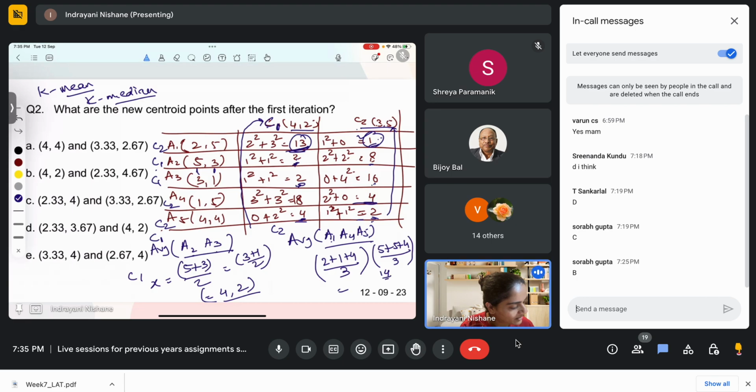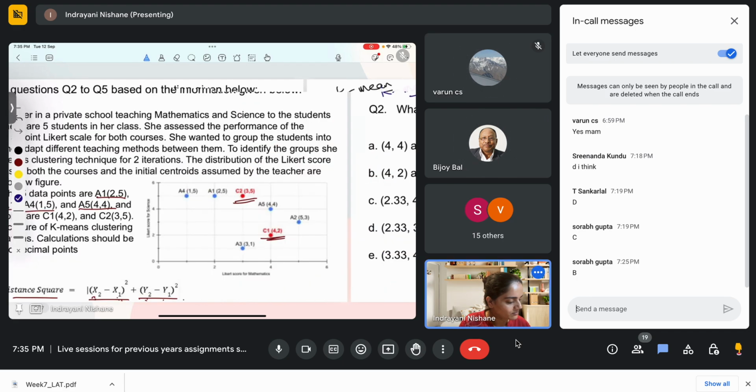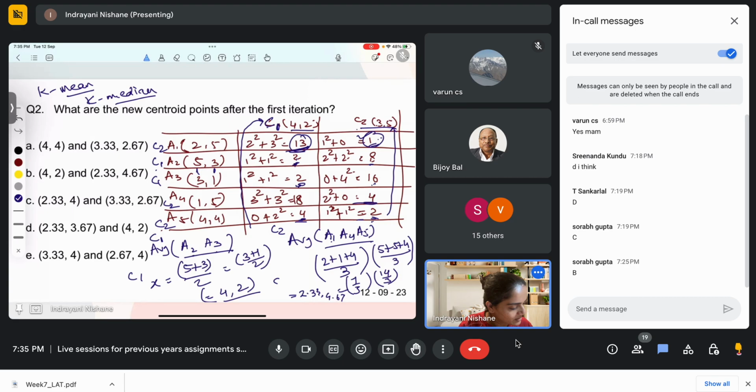Here it will be 7 by 3. We have to calculate up to 2 decimals, so 7 by 3 is 2.33, and 14 by 3 is 4.666, so 4.67. So this is C2 and this is C1. Now which option has our answer?